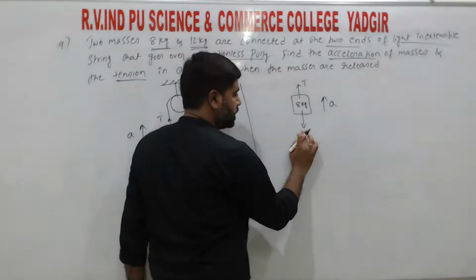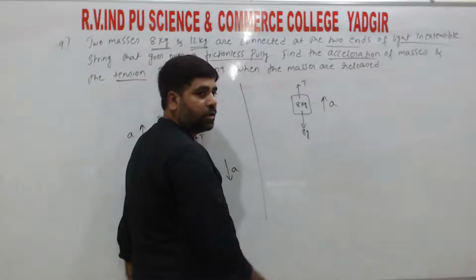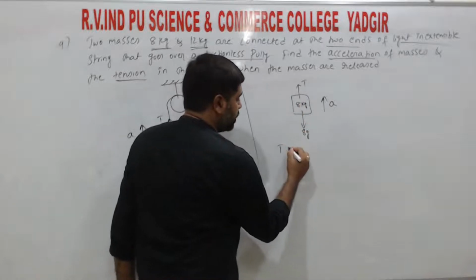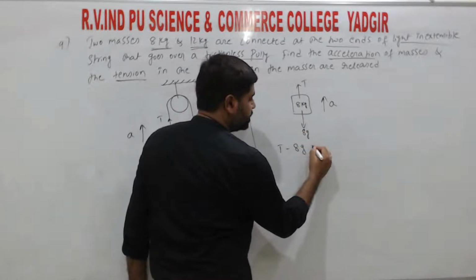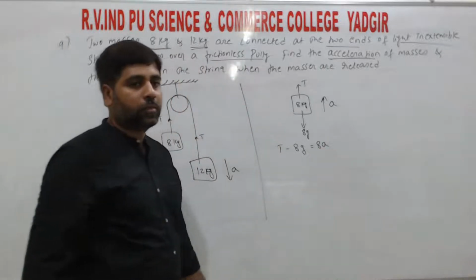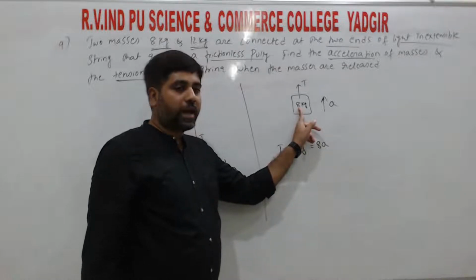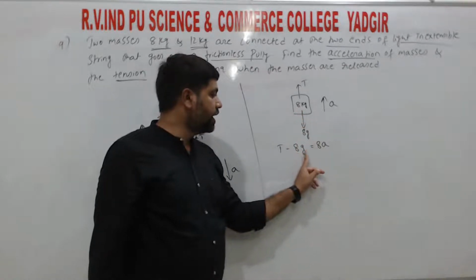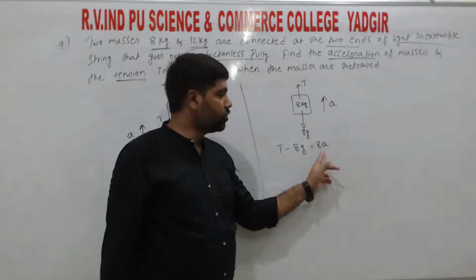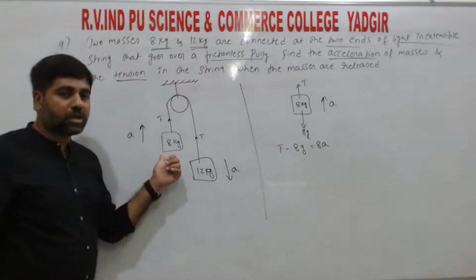So mg ಅಂತ ಬರ್ಕೊಳ್ಳೋದಕ್ಕೆ mass ನಮಗೆ 8 ಇದ್ರೆ, so 8g. So if you write the equation for this, T minus 8g is equal to 8a. m into a, m into g, where m is 8, so ಡೈರೆಕ್ಟ್ ಆಗಿ 8g ಮತ್ತೆ 8a. So this is the equation for the first block of mass 8 kg.